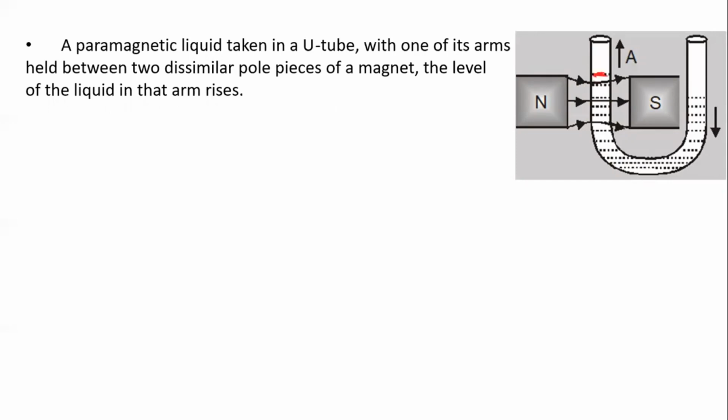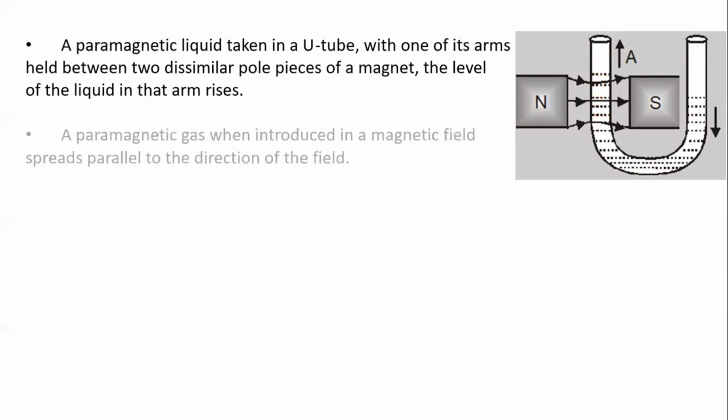Why does it increase? Because the liquid is attracted due to this magnetic field, and the liquid rises here. The next one: a paramagnetic gas, similar to the rod, when introduced in a magnetic field, spreads parallel to the direction of the field.